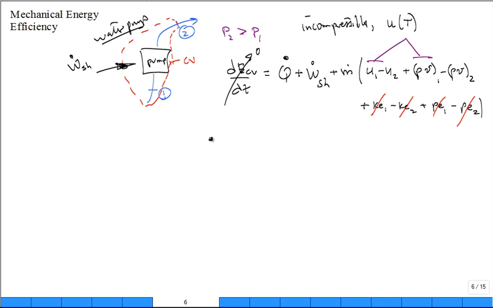This shaft work goes somewhere. The Q dot, the way I've drawn it, is in.